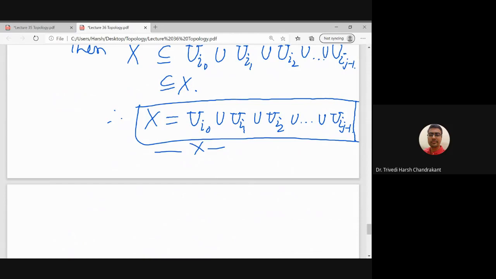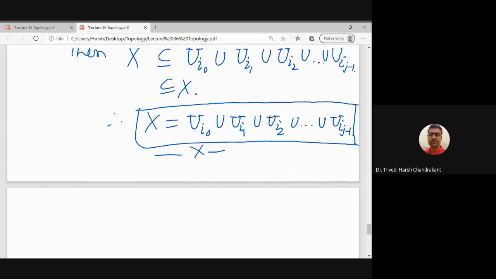So starting from X equal to a union of open sets, we have found a finite union of open sets. We have chosen some finitely many points using the Archimedean property that will cover the whole space X. So therefore X is a compact space.